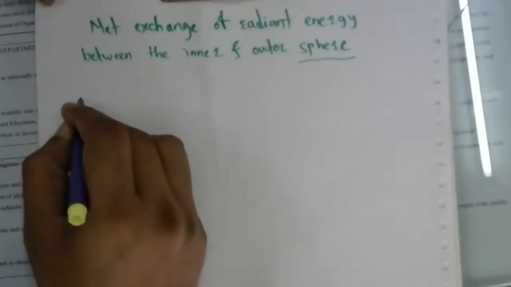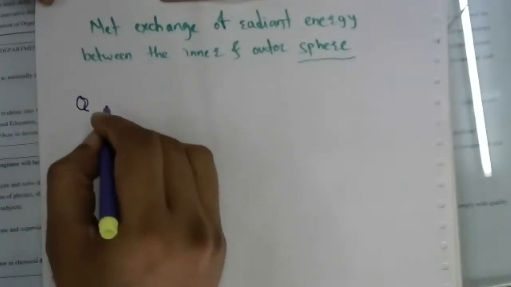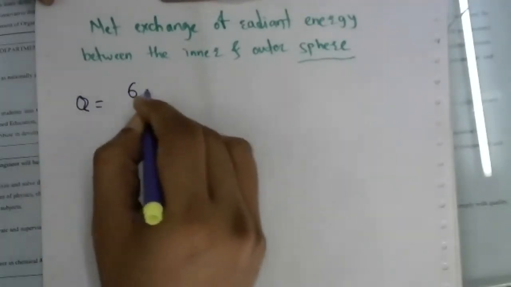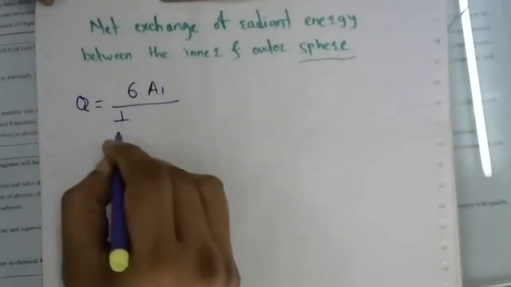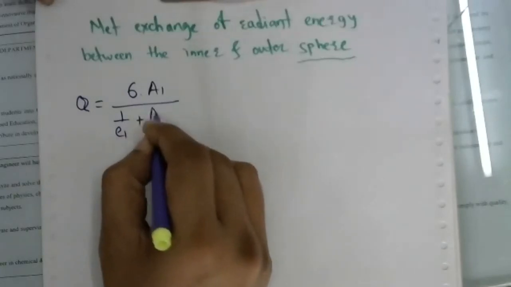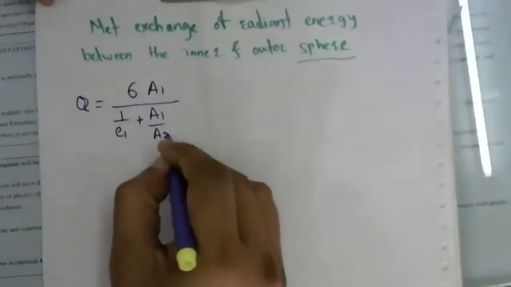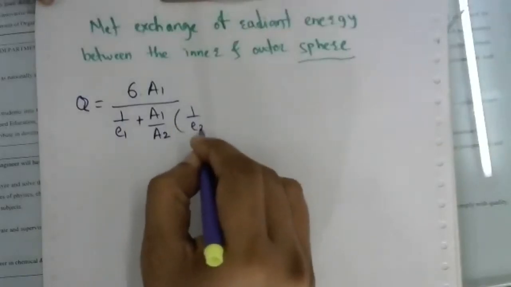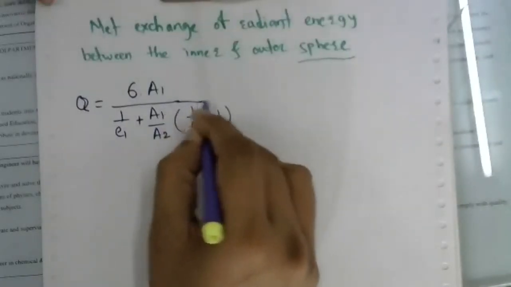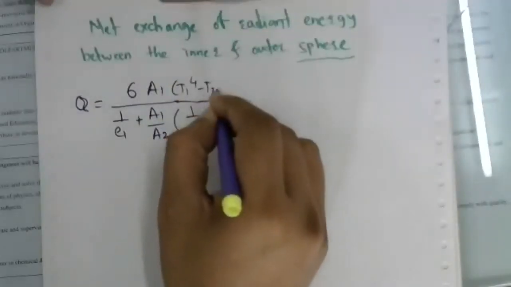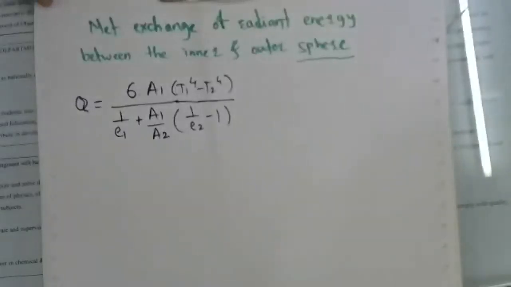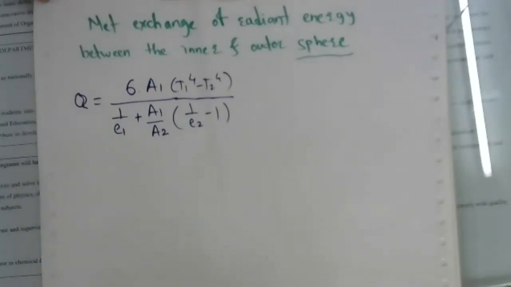So the general equation, that is Q is equal to sigma into A1 upon 1 by E1 plus A1 by A2, 1 upon E2 minus 1, into T1 raised to 4 minus T2 raised to 4. So this equation can be used to calculate the net exchange of radiant energy between the spheres.